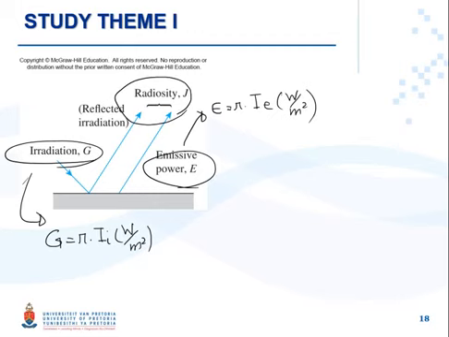Radiosity basically accounts for all the radiant energy leaving a surface. So here we can easily say that radiosity is bigger than emissive power. Why? Because it's emissive plus reflected irradiation.